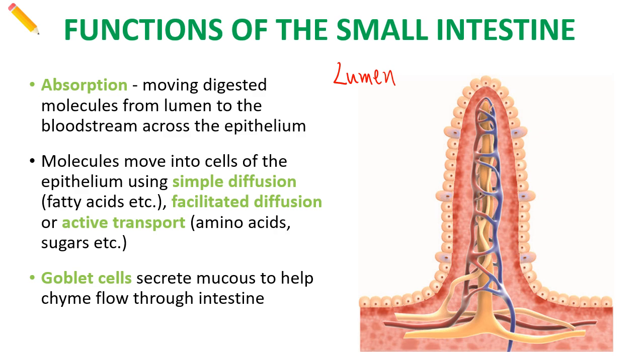So some molecules can move through simple diffusion to get into our epithelial cells. So here's one epithelial cell here. If you're a fatty acid molecule, well then you're hydrophobic, so you can just diffuse across the cell membrane and get inside the cell. So fatty acids can use simple diffusion or any other hydrophobic molecules.